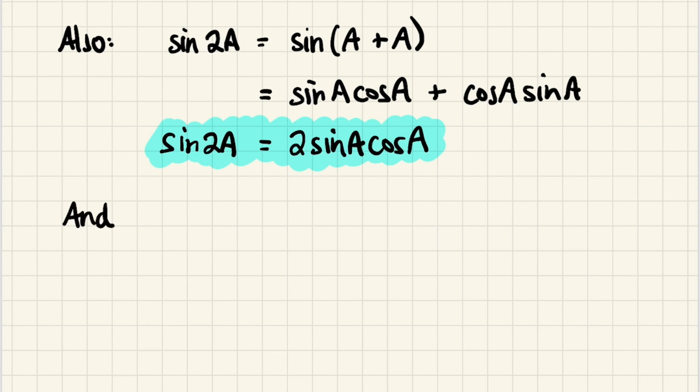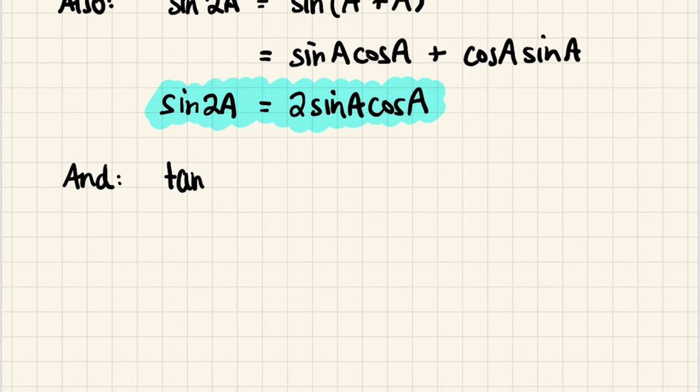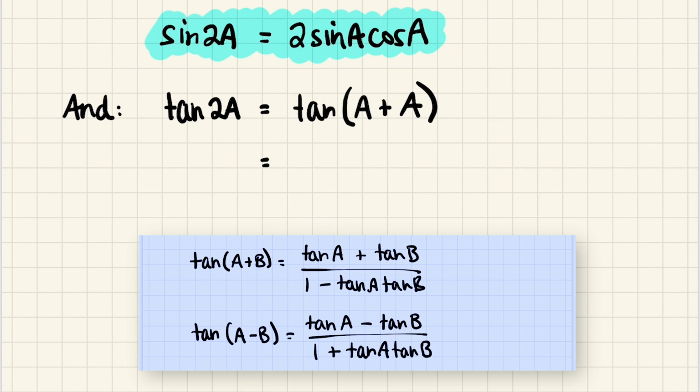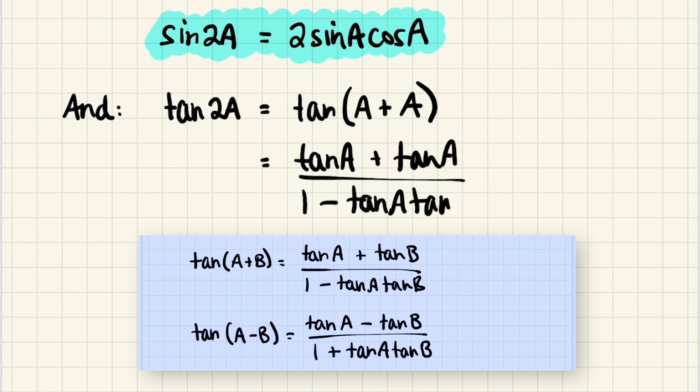And finally, let's uncover one for tangent. And we'll use the same tactic, writing 2a as a plus a, which will allow us to unwrap this particular form using the sum difference identity. And the one for tangent, of course, is tan plus tan over 1 minus tan tan.